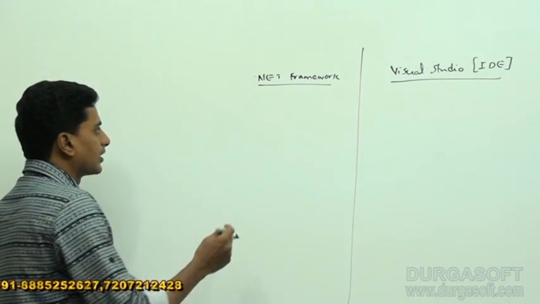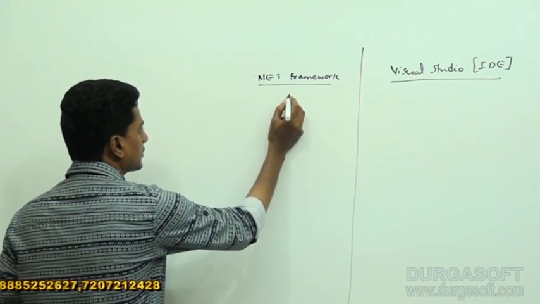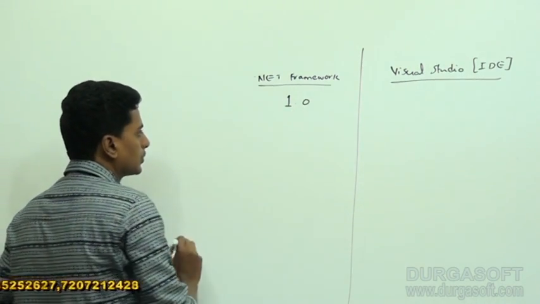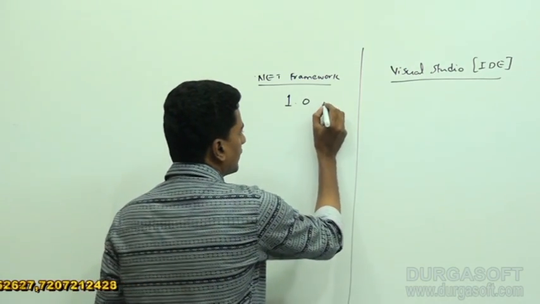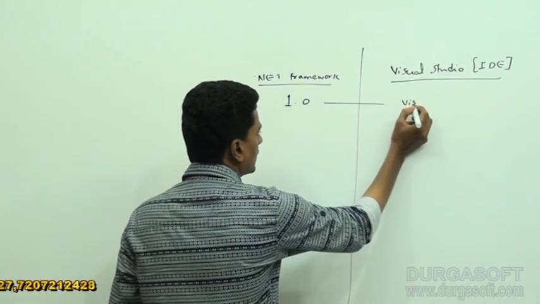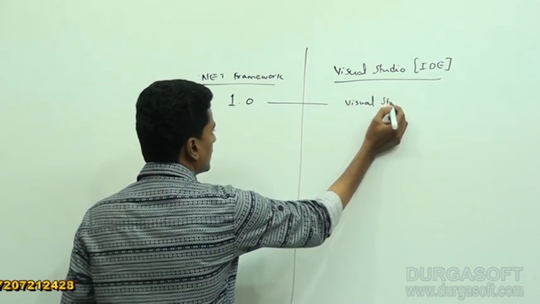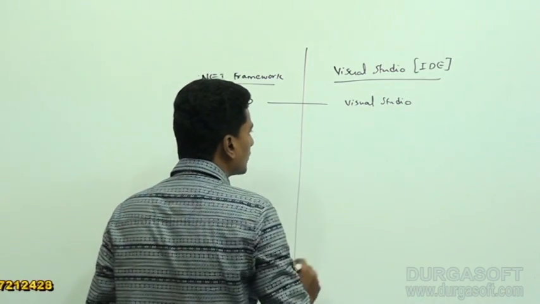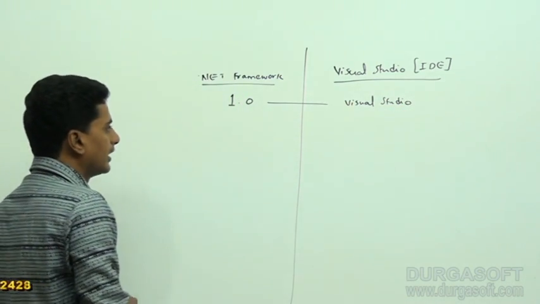The versions are .NET Framework 1.0, and at that time Microsoft released the Visual Studio environment for editing and writing the code.